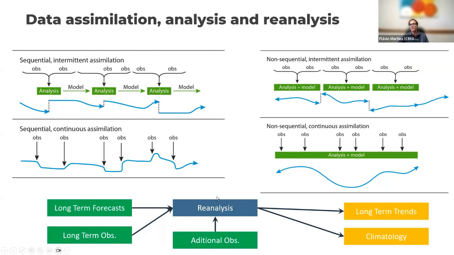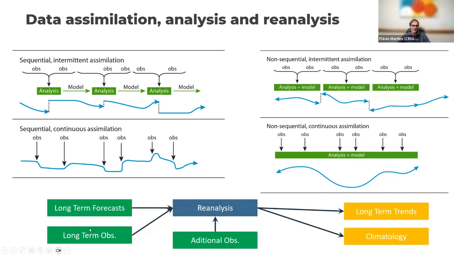Okay, whenever you go to Copernicus and you see reanalysis, they are using these mathematical methods. So they have a long-term forecast and long-term observations. Obviously, they use the observations with the forecast to do these simulations, but then they use them again all together.